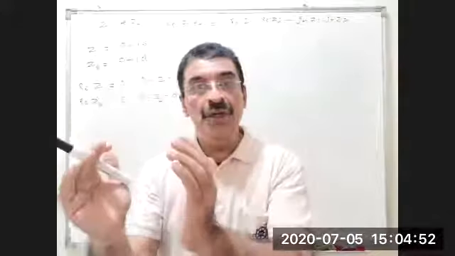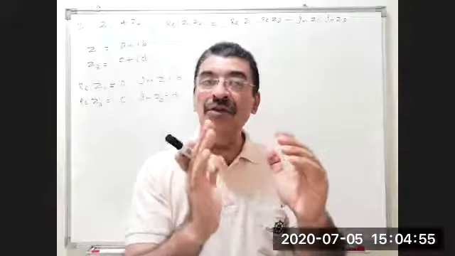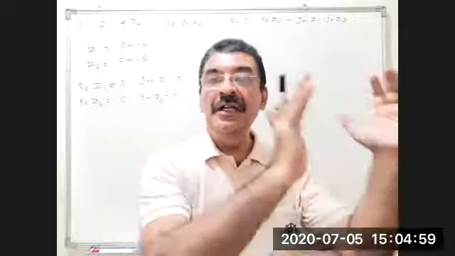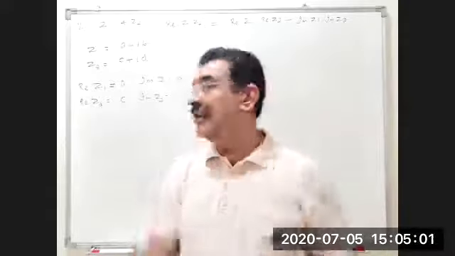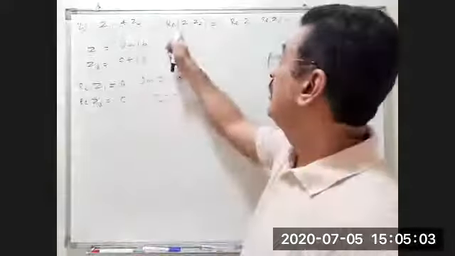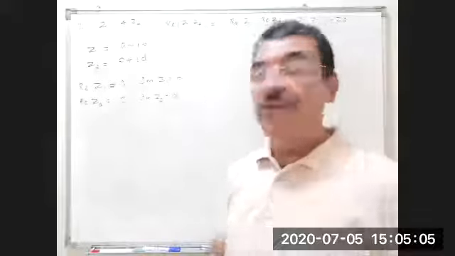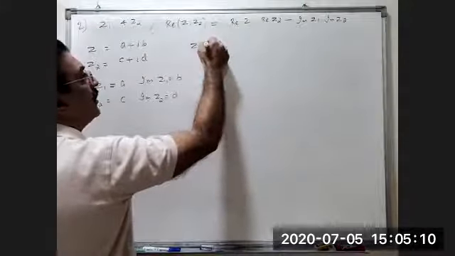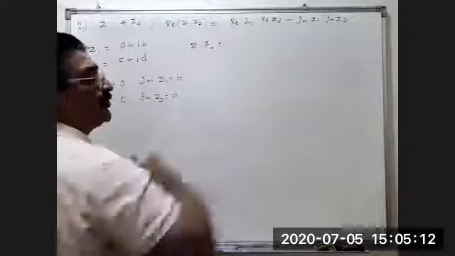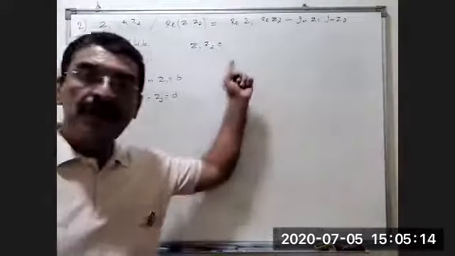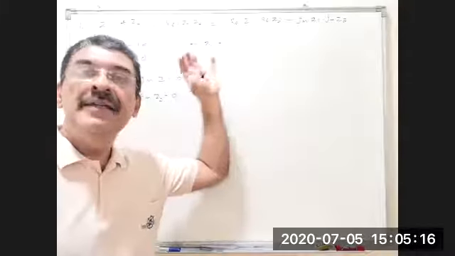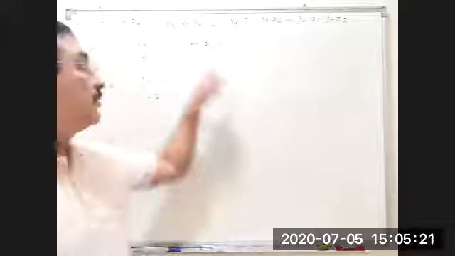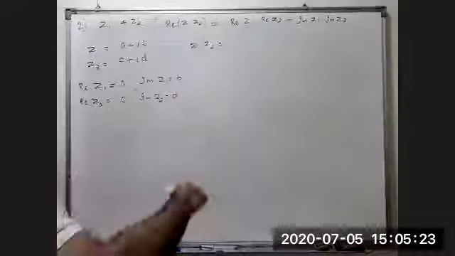So real parts together plus all those parts coming with i, taking i as common, the remaining part is called the imaginary part. So first we need the real of the product of these two. So we will find the product of z1 and z2, write that in standard form, then we write its real part.